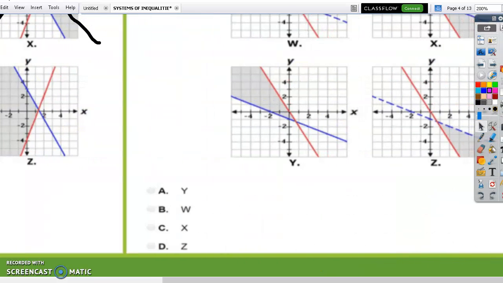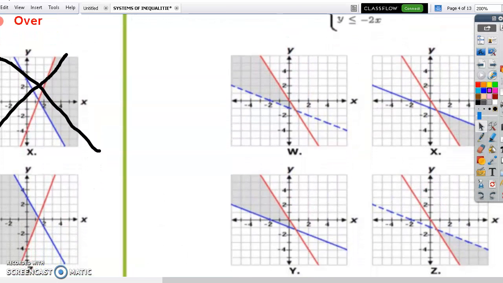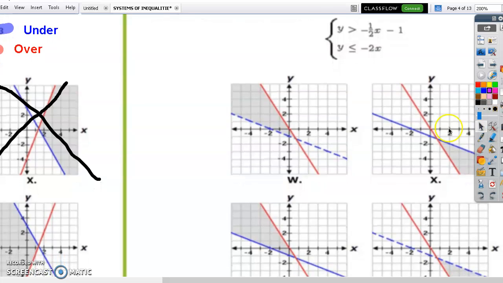Here's another one very similar to it. This one's trying to trick us. So right off the bat, we get to cross off some. This first inequality does not have a line under it, and the second one does. That means one of these lines is going to be dashed, and the other one is going to be solid. This one has two solid lines.